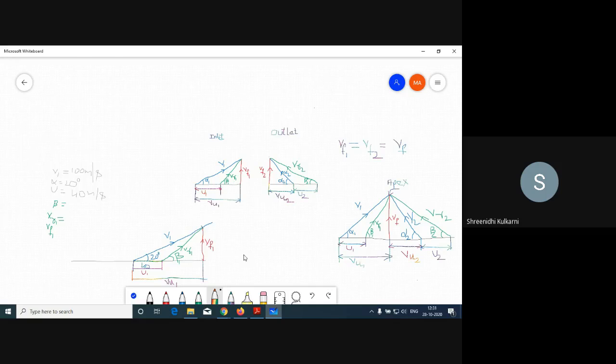So I hope you understood how to draw the velocity triangle by using the common base. You can unmute and ask if you have any doubt. I think no doubt.